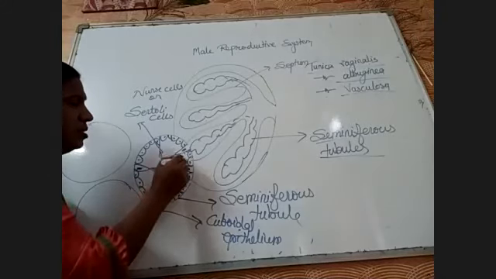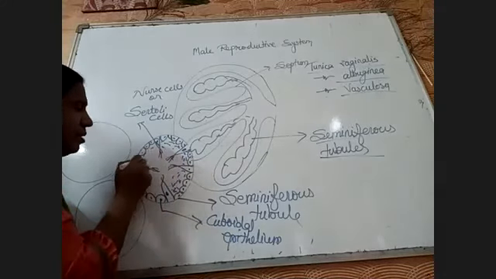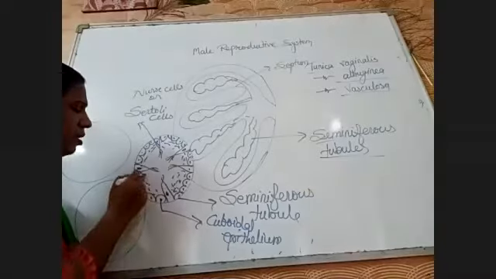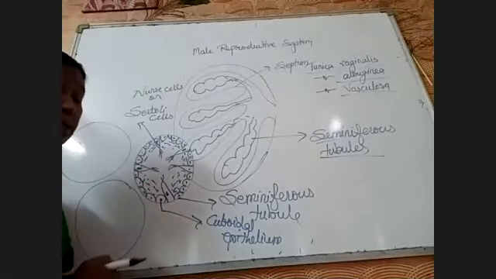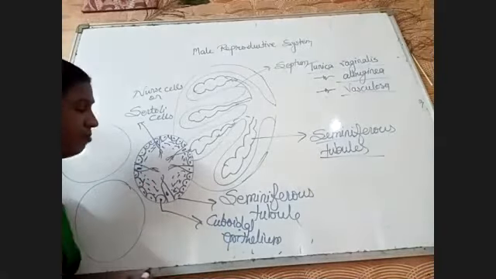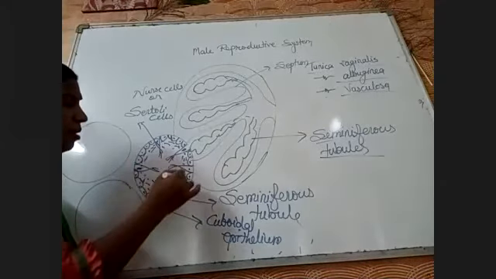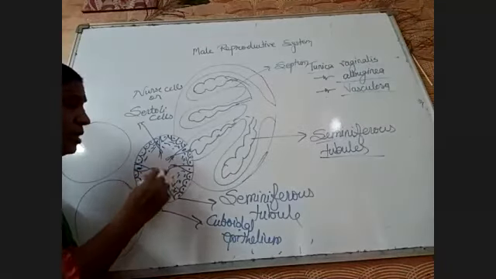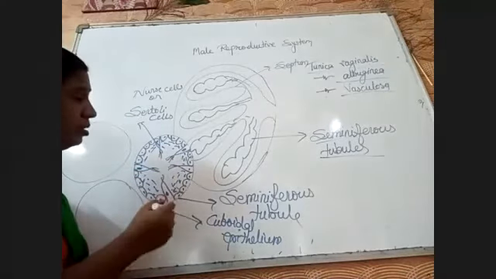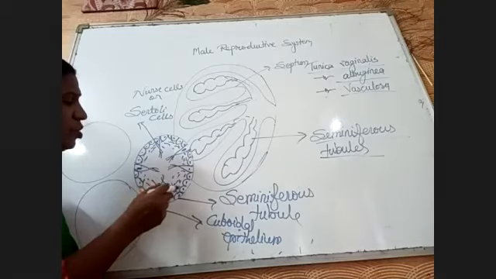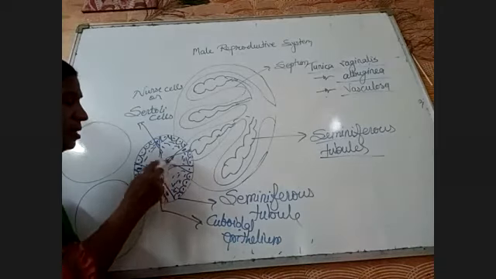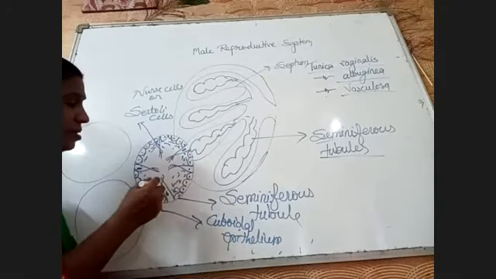We can see different stages: spermatid, spermatocytes, then spermatozoa, and finally sperms. All these changes take place during spermatogenesis. That process we can see here in this seminiferous tubule.